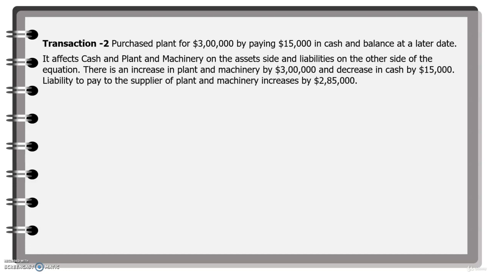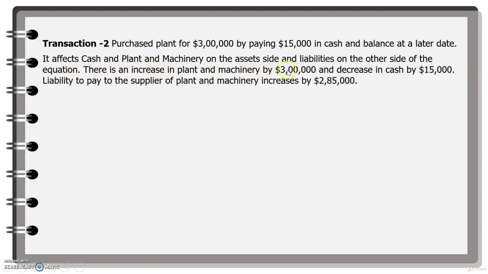So on the asset side there is a positive impact for plant and a negative impact for cash, and there is no impact on capital, but there is an impact on liabilities, because out of $300,000 only $15,000 is paid in cash and the balance has to be paid at a later date. So it is a liability. We have to recognize that liability. This transaction affects cash and plant and machinery on the asset side and liabilities on the other side of the equation.